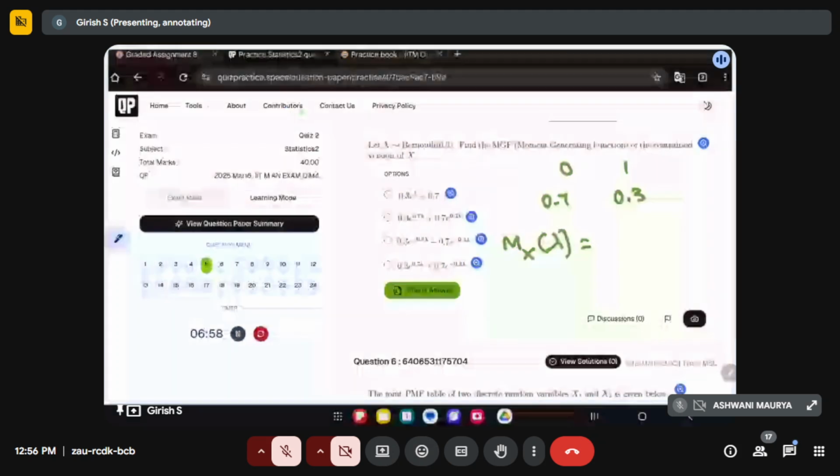How do we get the centralized version? First we have to calculate the mean of this distribution. For Bernoulli distribution, the expected value will be P, which is nothing but 0.3. And then you just subtract that from your values. This will make it centralized. So the new centralized distribution will be this.